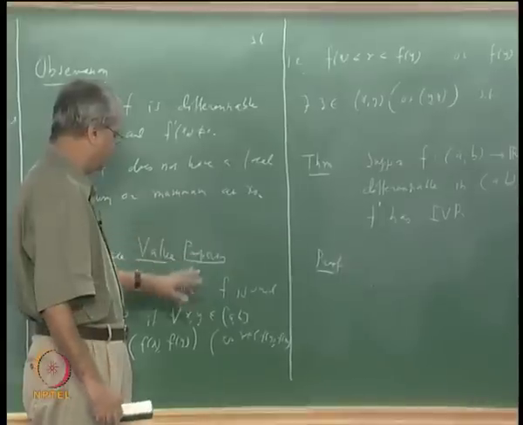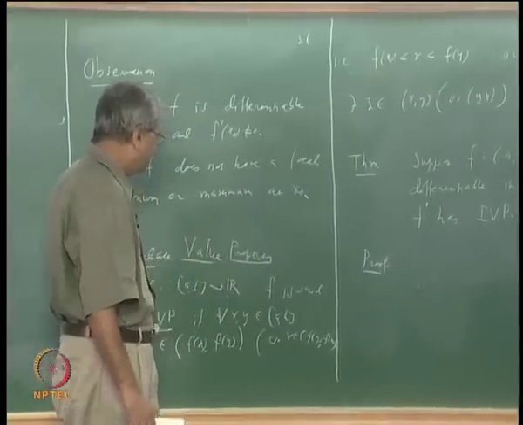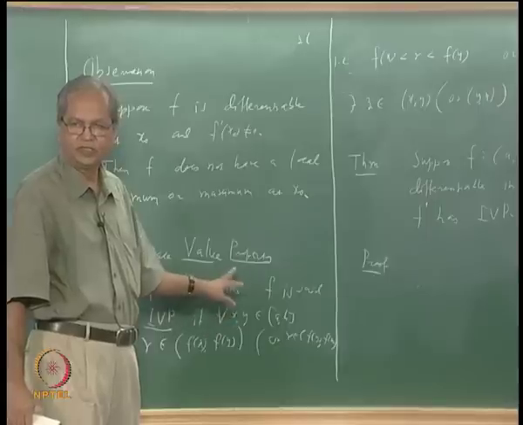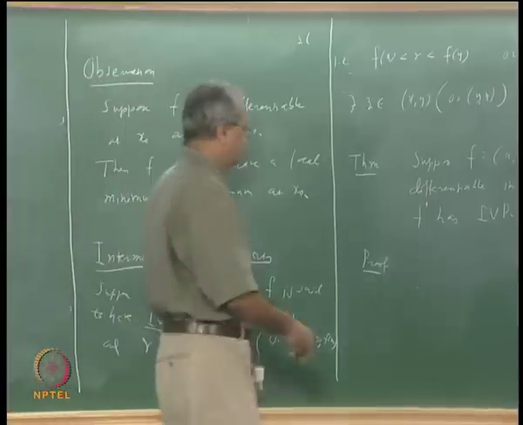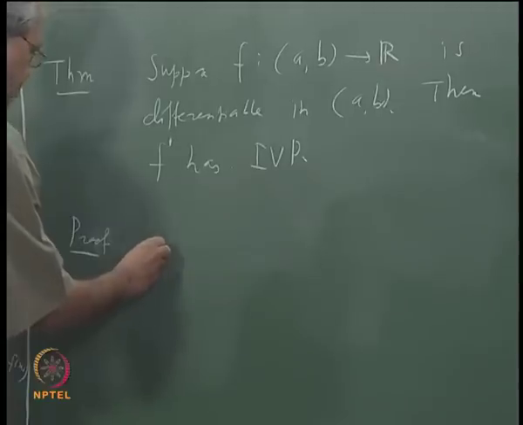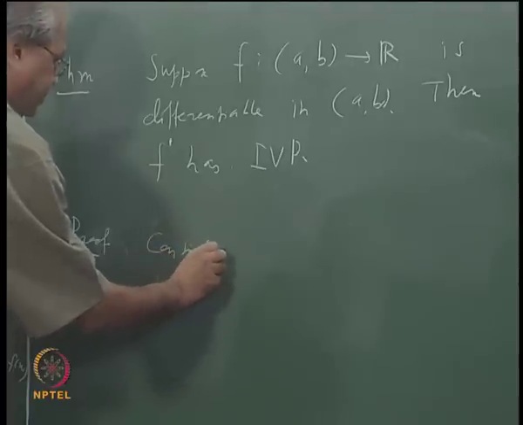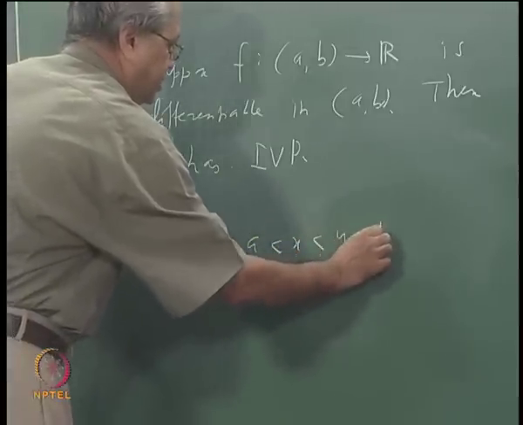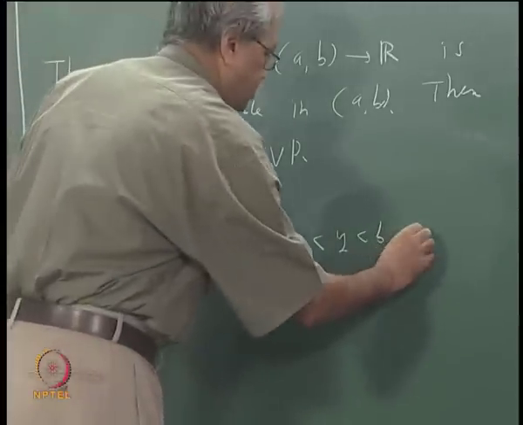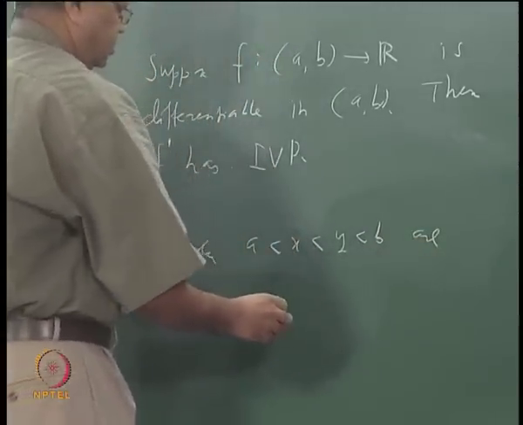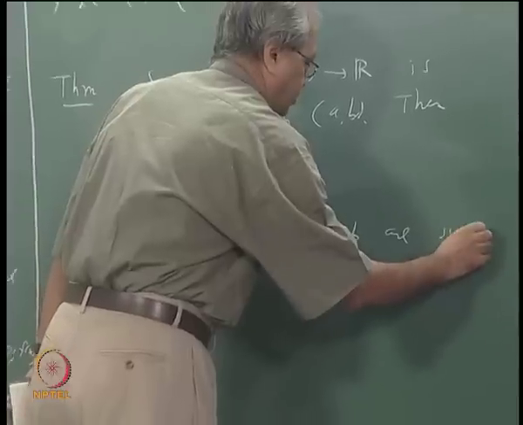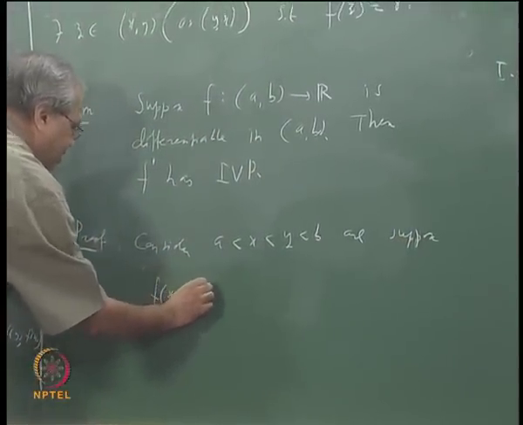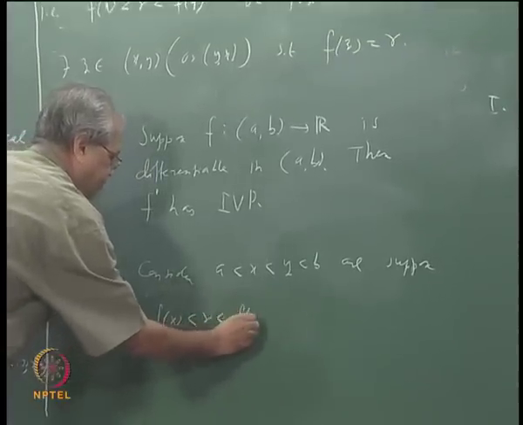We will just take one of these cases because while defining it is okay to consider all such possibilities. We will just assume that x is less than y and fx is less than fy. Okay. So consider a less than x less than y less than b and suppose fx is less than gamma less than fy.